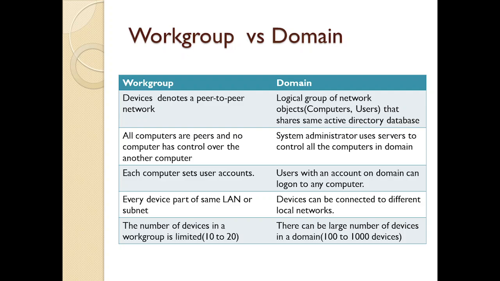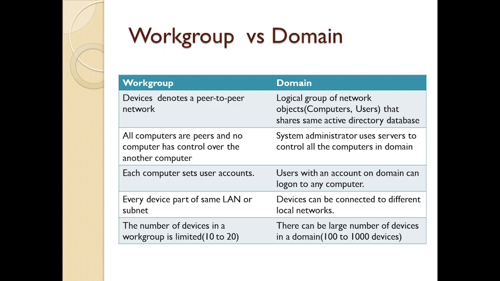Using that account, you can log into your PC. This is the general process. In case of any PC failure or any hardware failure, you can log into any other PC in your network with the same account. That is the difference.